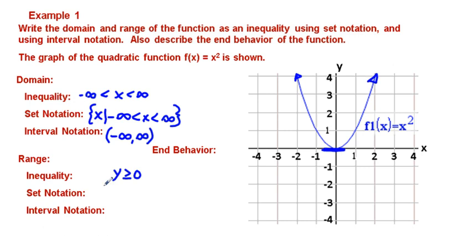So we have y such that y is greater than or equal to 0. And finally, interval notation, we have an open bracket 0, comma, infinity, closed with parentheses.